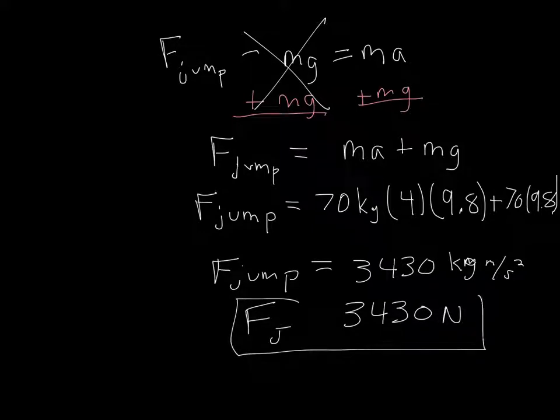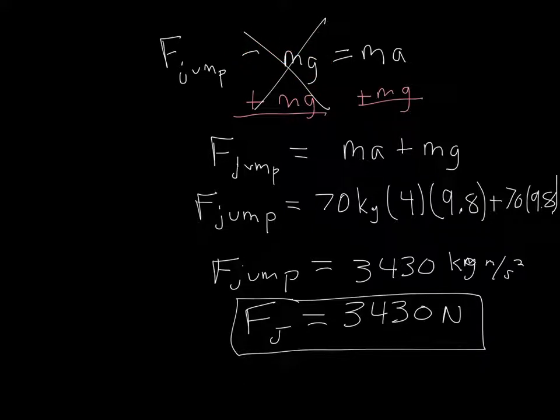Something important to note here is this acceleration due to gravity. Notice that I plugged in a positive 9.8. That's because way up here in this equation, where I'm writing the forces, I am taking care of all the directions involved by writing this negative sign here. This negative sign takes care of making gravity negative.